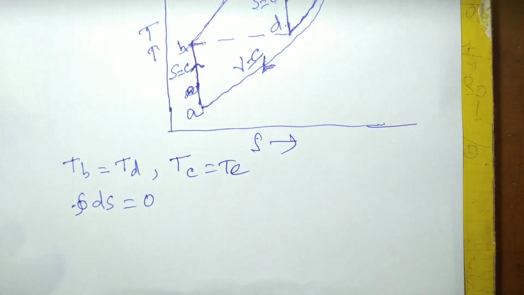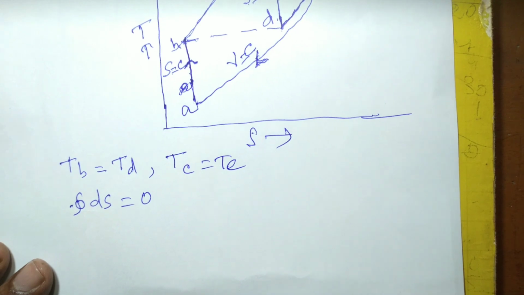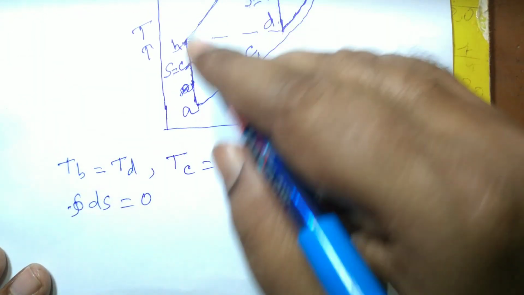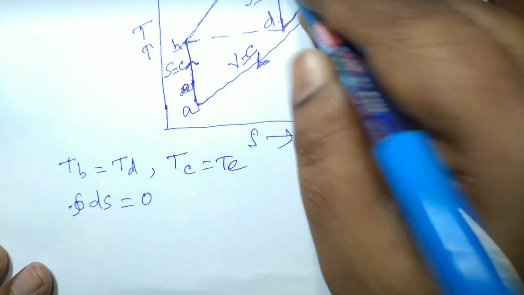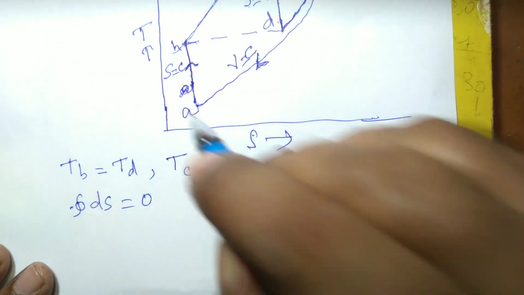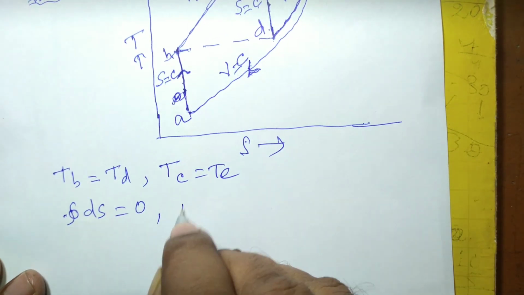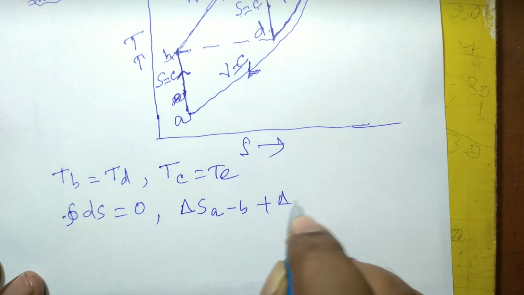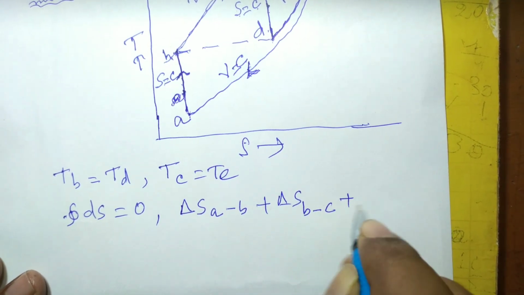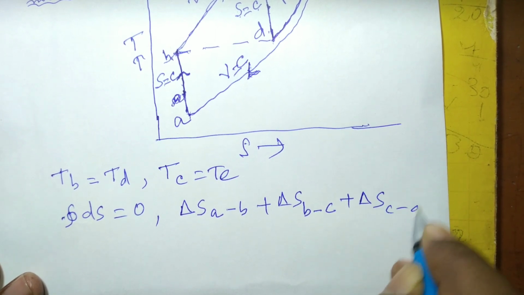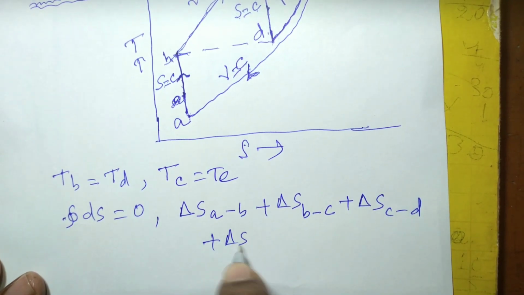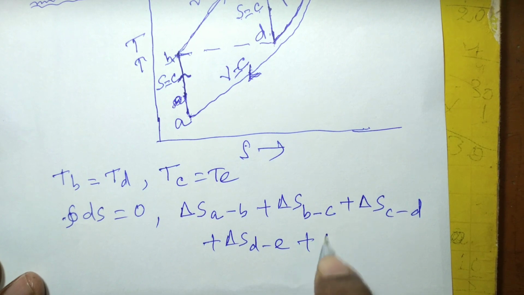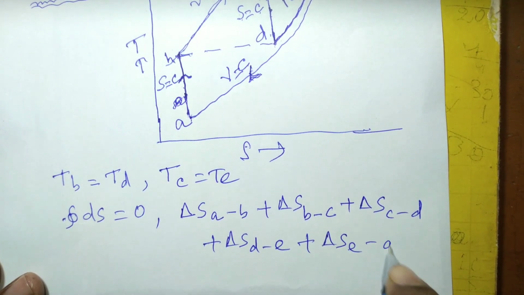The cyclic integral of any property is in fact 0. Since it completes a cycle A to B, B to C, C to D, D to E and E to A, we can say that delta S of AB plus delta S of BC plus delta S of CD plus delta S of DE plus delta S of EA is equal to 0.